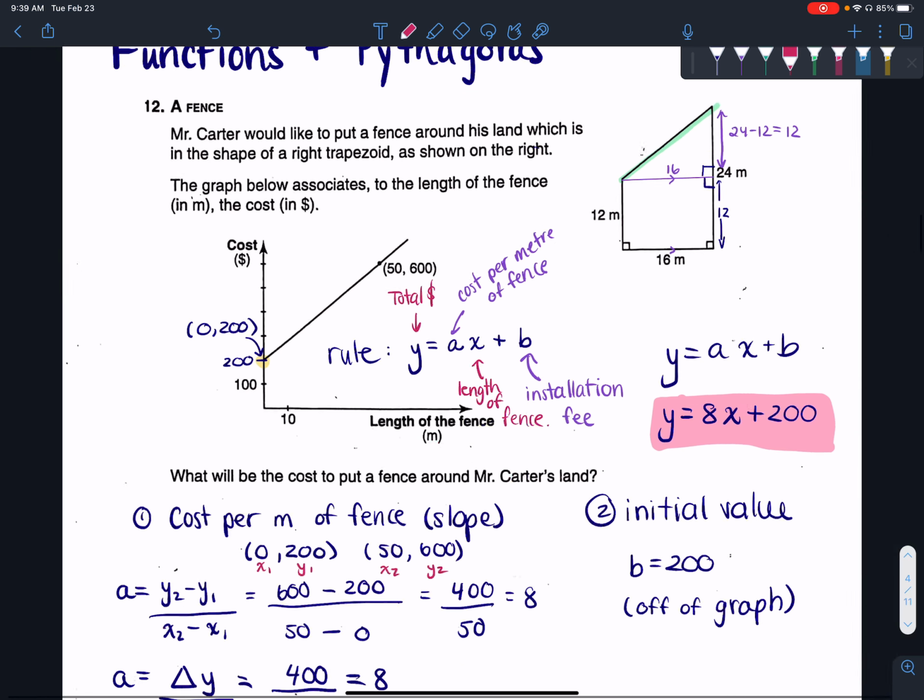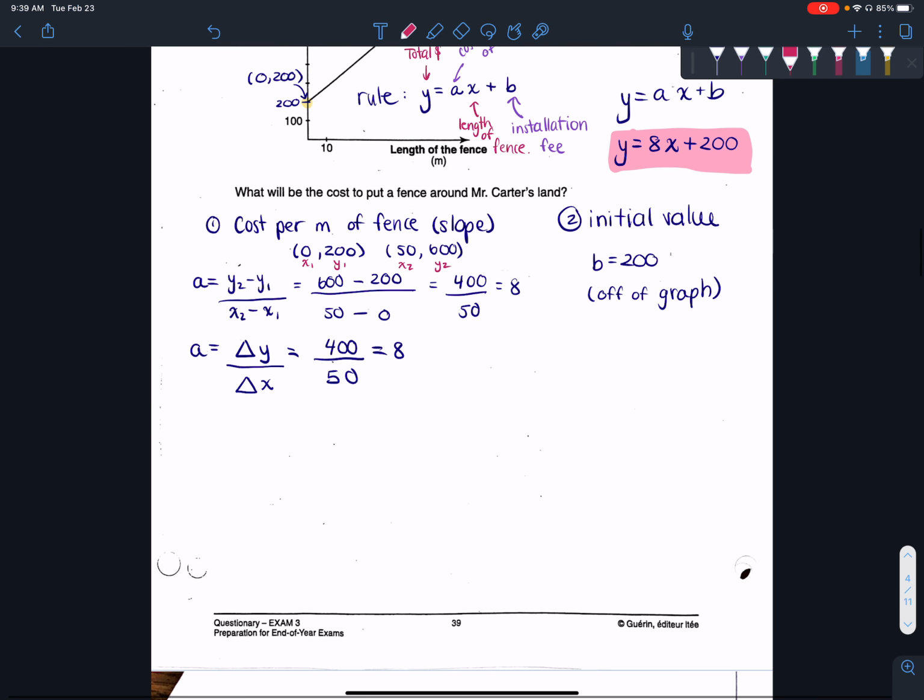Now we have to use Pythagoras. So I'm going to go over here. So we're finding the missing side. We have this triangle, 16, 12.